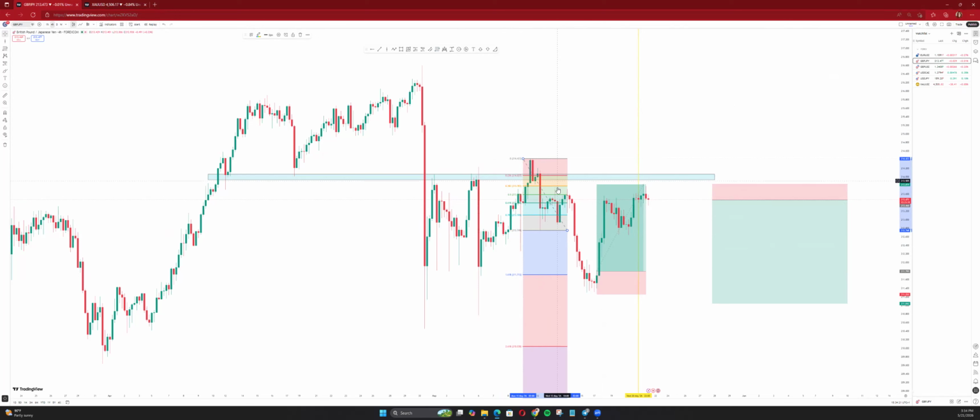Within these points, the market reverses, and the market is serious about shifting price to the downside. So it's one of the things that we look at.